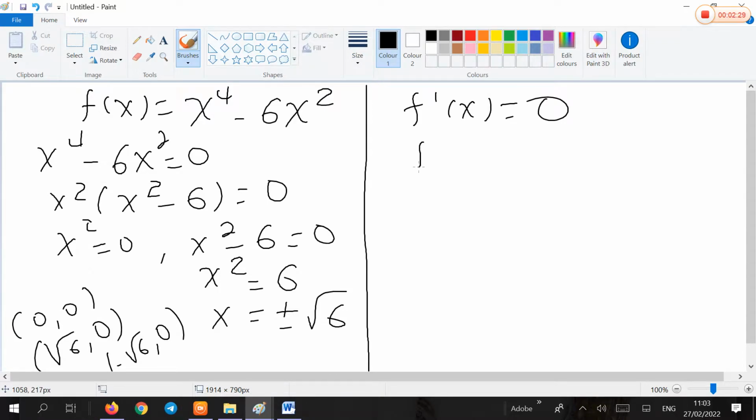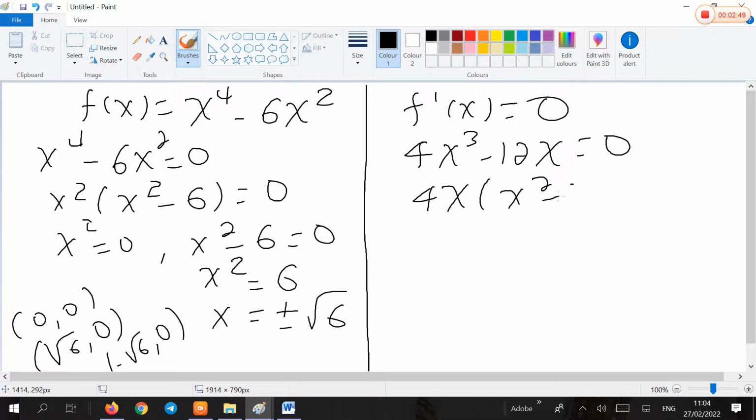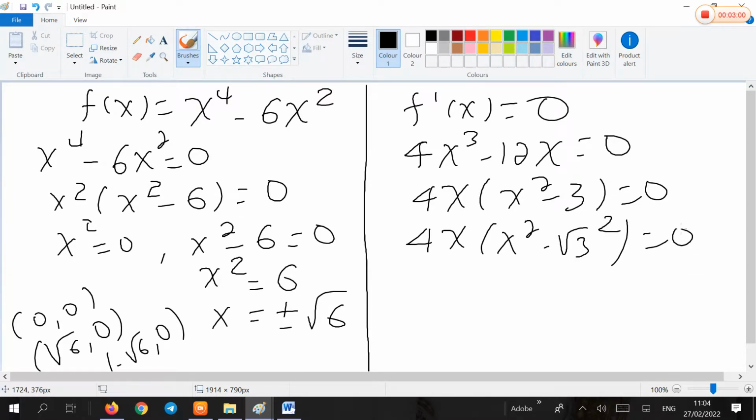So the first derivative of x to the power of 4 minus 6x squared is 4x cubed minus 12x, which is equal to 0. If we take 4x as common, we're left with x squared minus 3, which equals 0. This can be expressed as 4x times x squared minus square root of 3 squared, which equals 0.